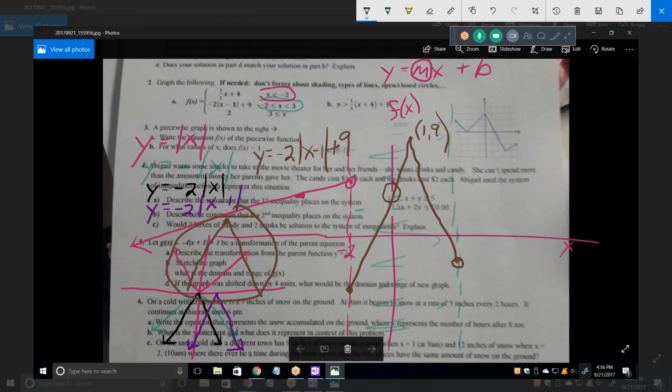On the graph that I've circled, what's the x value at the point right here? 0. That's always true. Y-intercepts are where x equals 0. X-intercepts are where y equals 0. It's real easy to plug in x equals 0 here, so we can figure out the y-intercept pretty easily. Plug in x equals 0 and tell me what you get.